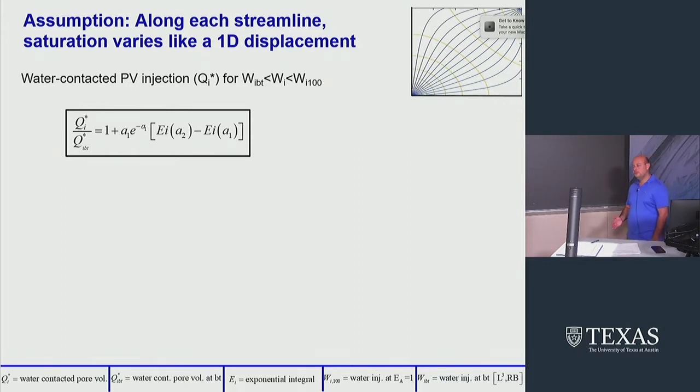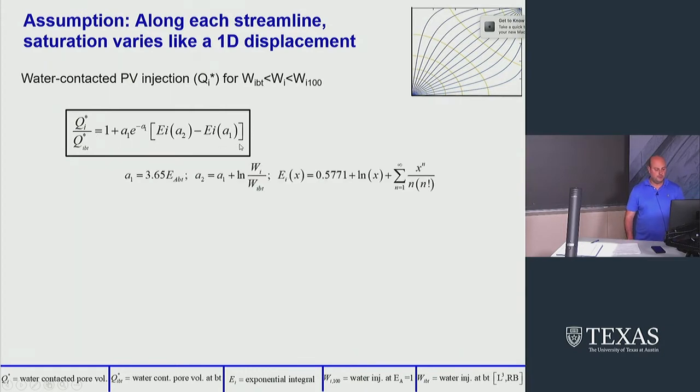So that first region, from breakthrough to Wi100, the dimensionless time divided by the dimensionless time at breakthrough, we know that is given by this formula, where A1 and A2 are functions of the areal sweep efficiency at breakthrough and the water injected at breakthrough. EI is the exponential integral function, which you're familiar with.